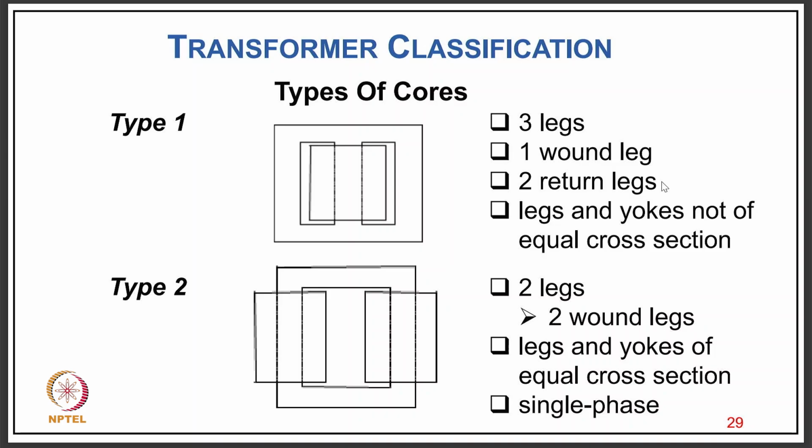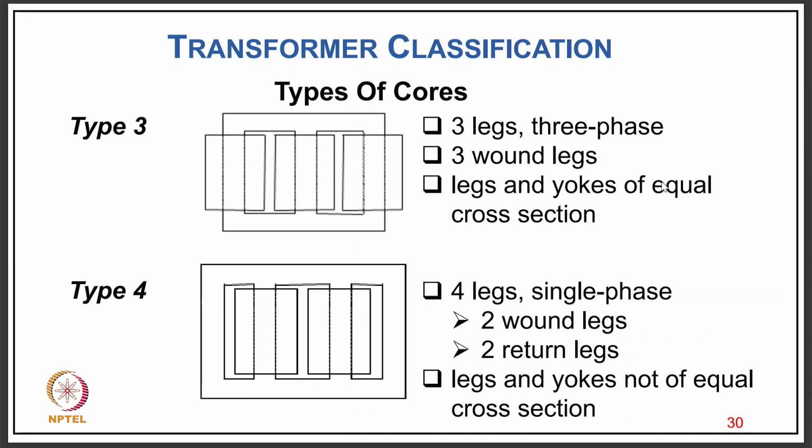Then you have another transformer with only 2 legs, which we call the core type of transformer for single phase, and you put the winding, primary as well as secondary, on the limbs, and the upper portion and lower portion we call the yoke.